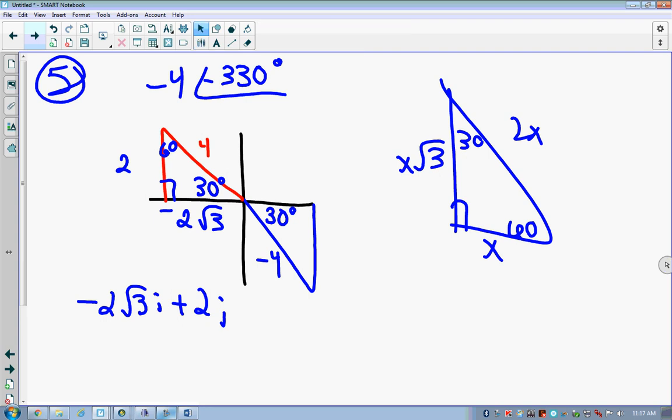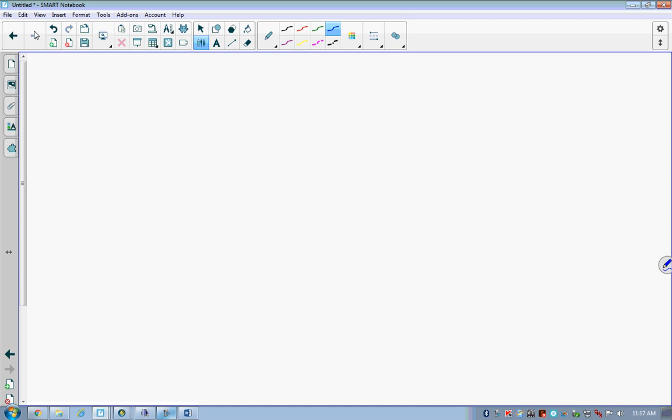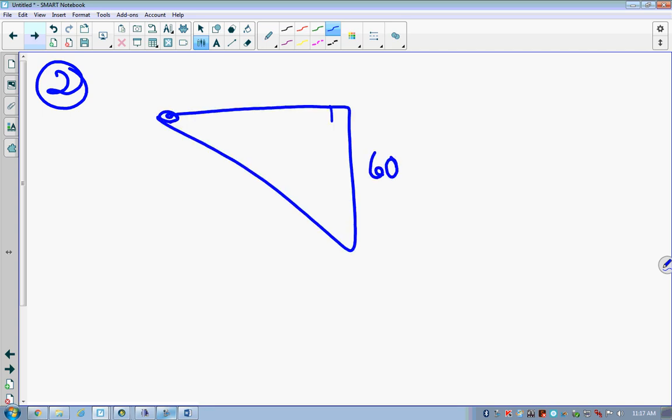Okay, let's see, number 2. An airplane flying at an altitude 60 feet above the ground. So we've got this, 60 feet above the ground. Pilot sights an object on the ground at an angle of depression of 30 degrees.